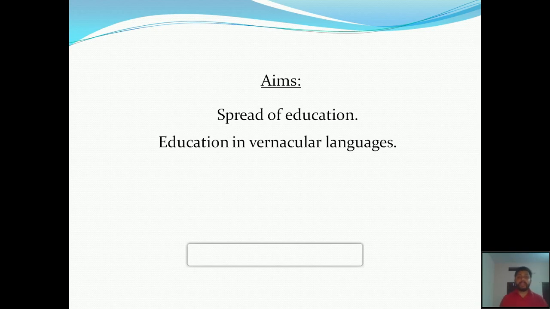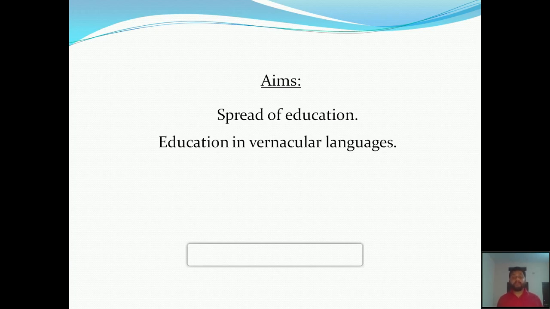Then, education in the vernacular language. Where a school is set up, in that particular part of the country, the local language will be used to teach in the schools and colleges. Suppose it is in Uttar Pradesh, Hindi will be used.